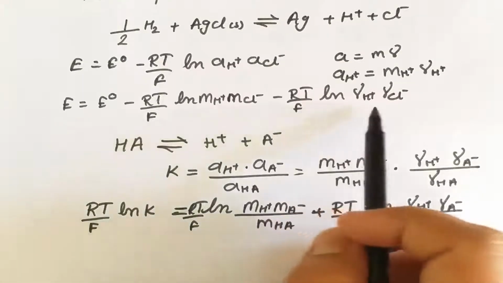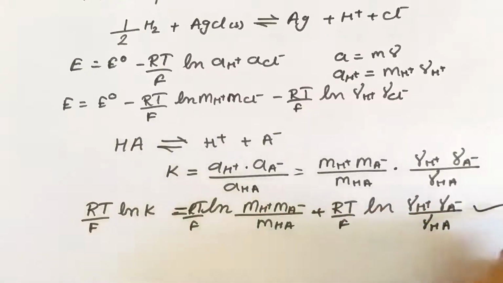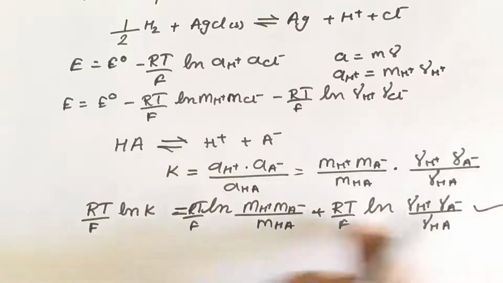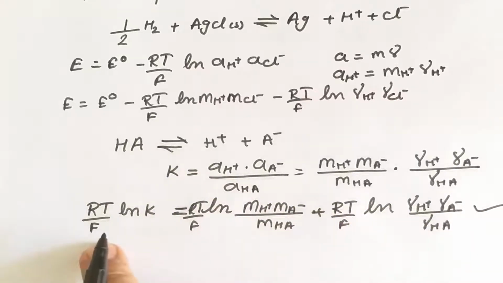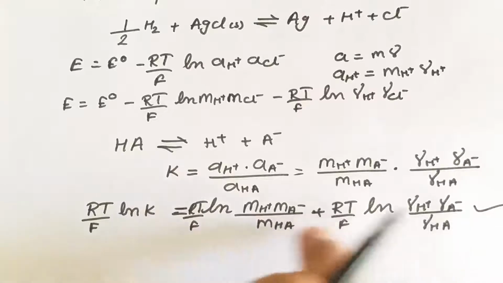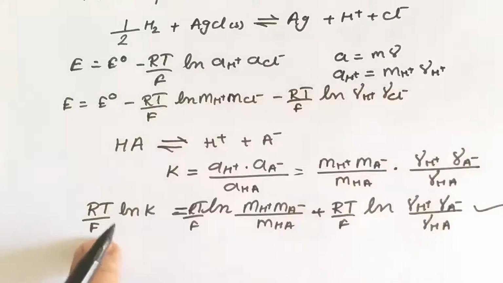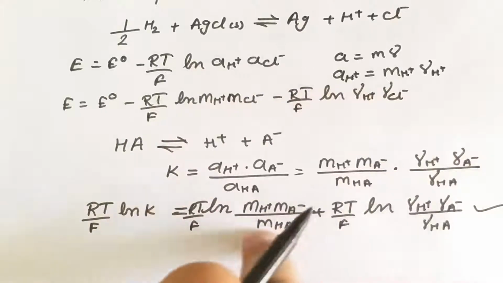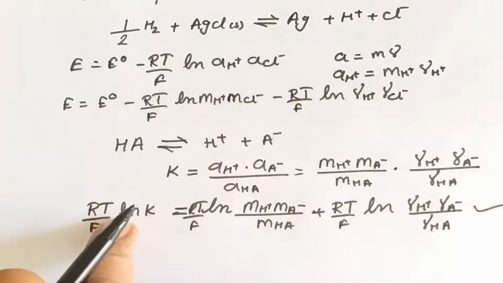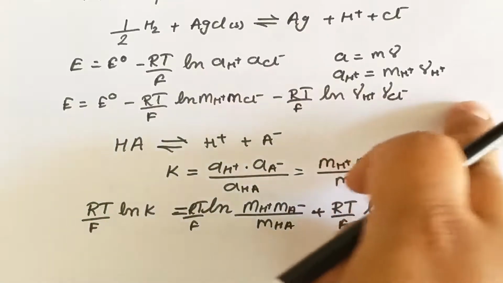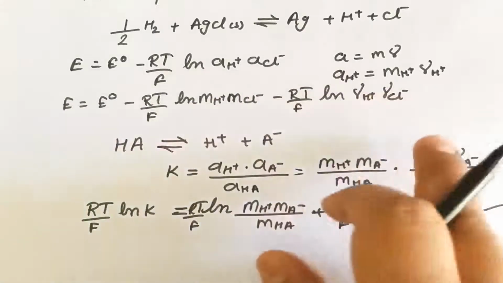In this relationship, we will add the right hand side terms to the earlier equation and subtract the left hand side term. That means I will be adding both these terms on the right hand side over here, and then I can subtract this term. That is like adding 1 rupee and then subtracting 1 rupee, so ultimately the result will be the same and there won't be any change.